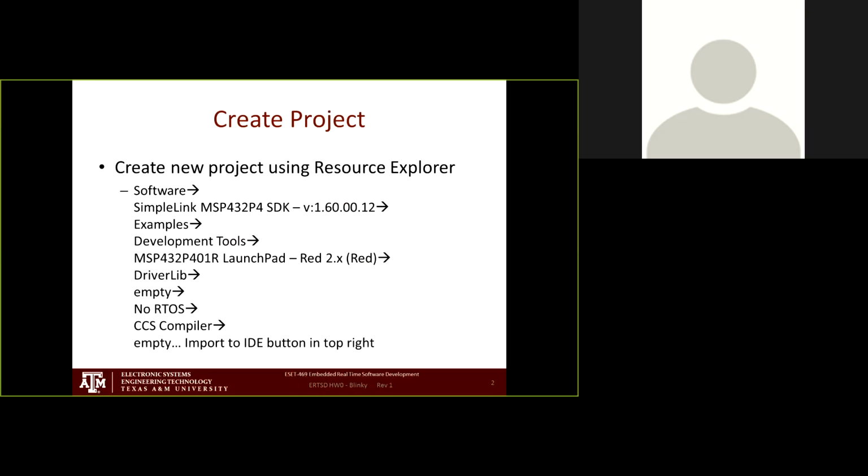Okay, so creating the project takes a little bit of navigation through the Code Composer Studio Resource Explorer to get to where you're going. They don't believe in short names, short directory trees, but it is very important to hit the IDE button to load it into your IDE.